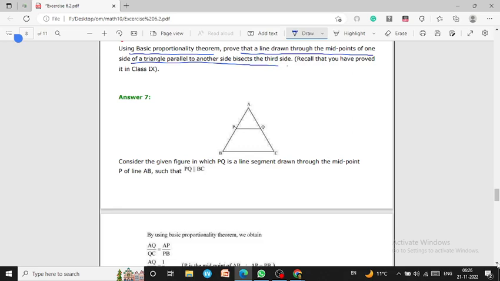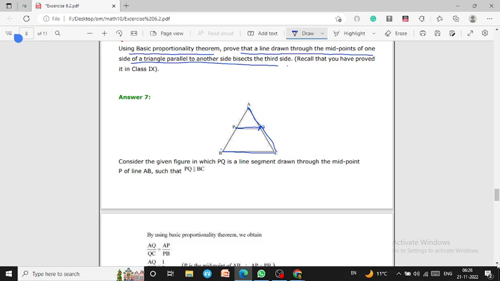That means one point which is the midpoint of one side, and from this point we draw a line which is parallel to BC. We have to prove that it intersects the other side, the third side AC, and whether it bisects it or not.